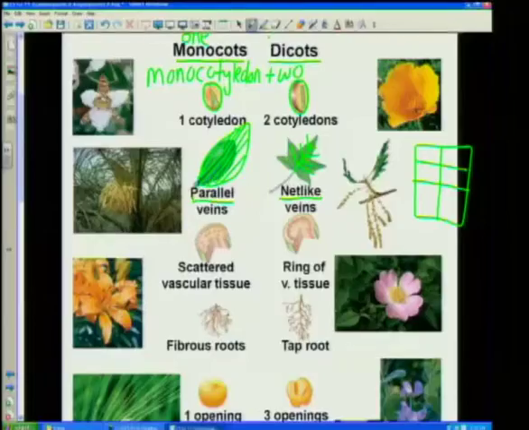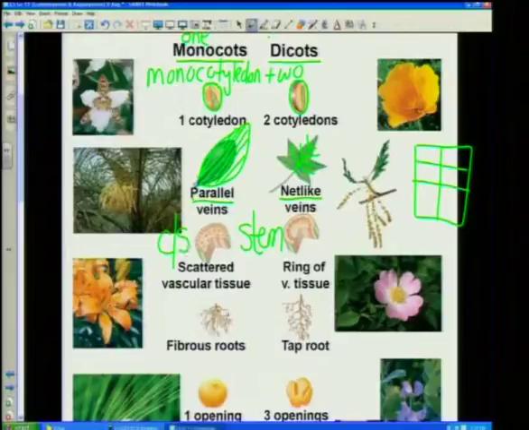When you look at the stem, you'll have to make cross sections. So these are two cross sections. And I'm sure you've done this in your grade 10 year. So in that cross section, what are you going to see? All these little vascular bundles are scattered. They're not arranged in a specific order. They're scattered everywhere inside the stem.